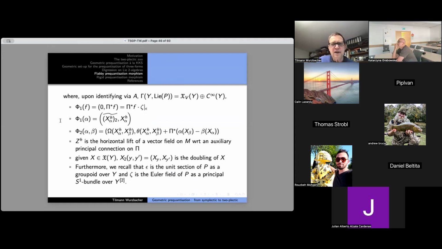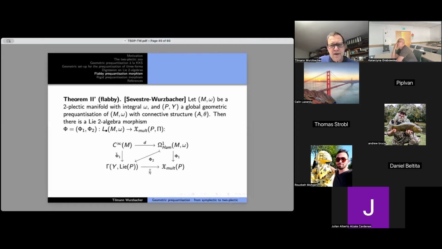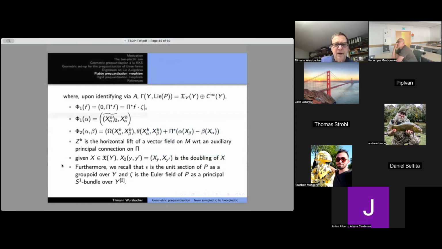So the first part, phi 1, is the degree 0 part of the complexes. The function goes essentially to function times Euler field. The form is a little bit complicated. I will explain it in a second. You take the form, you take the field, you lift the field, you double the field, you lift it again.